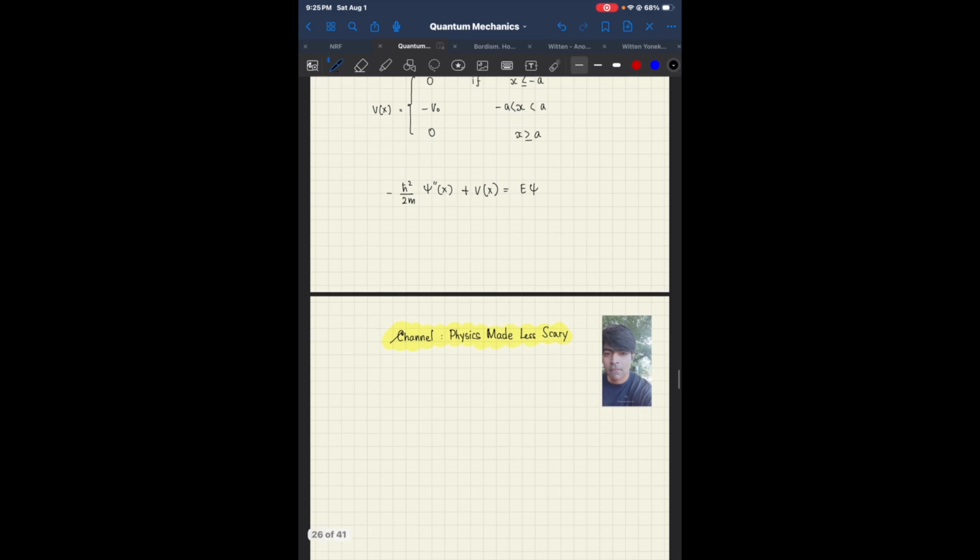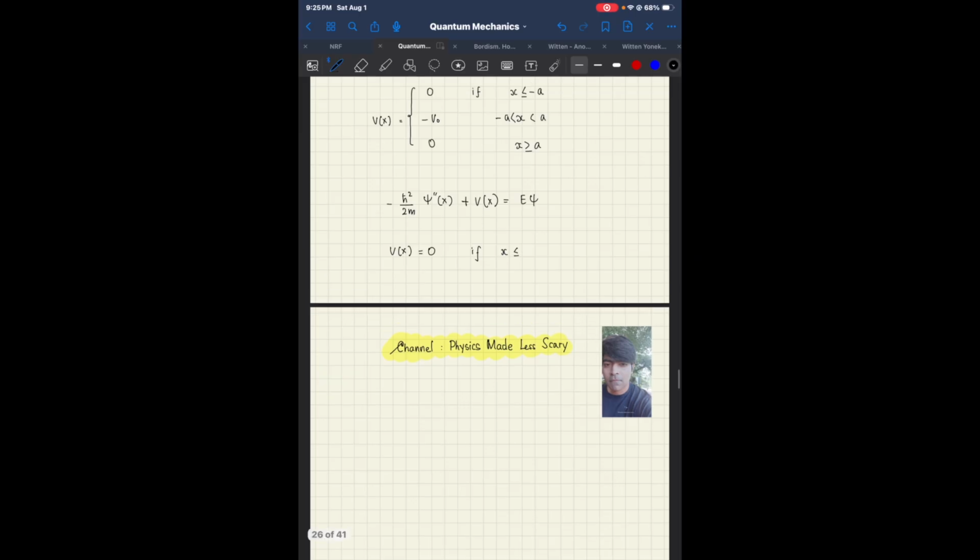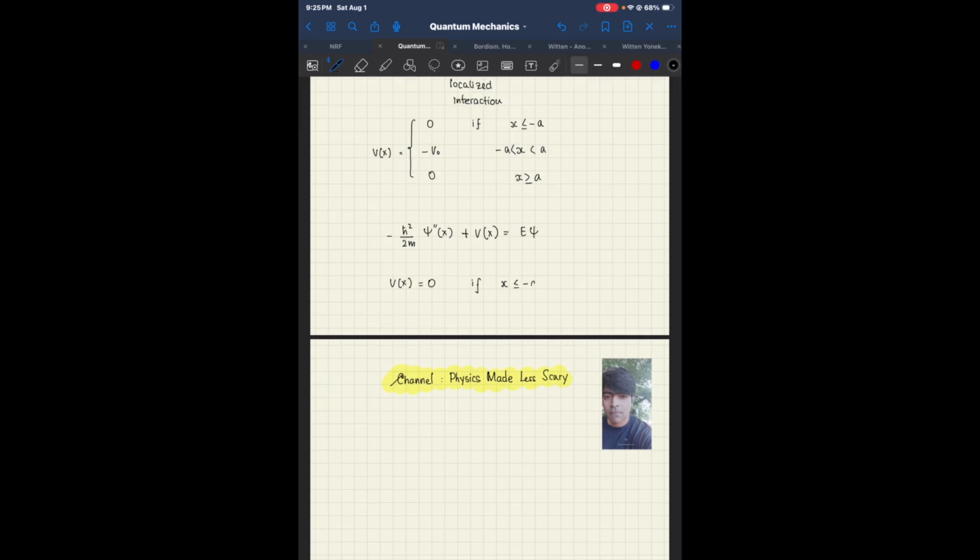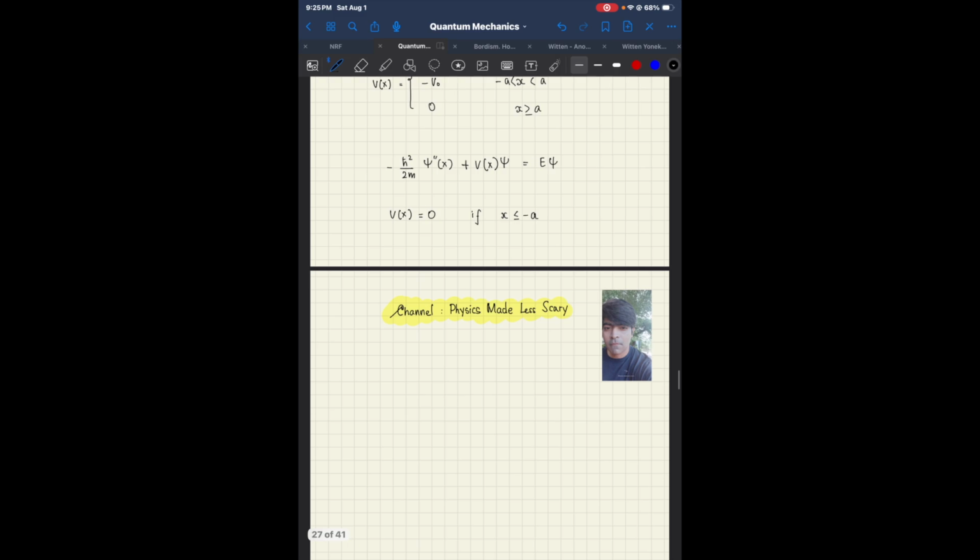Well, this equation now becomes very simple because you have chosen your V(x) to be 0 if x is less than or equal to minus a. So this term goes away, this term then drops out.